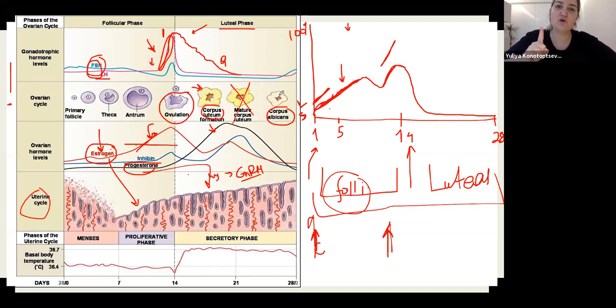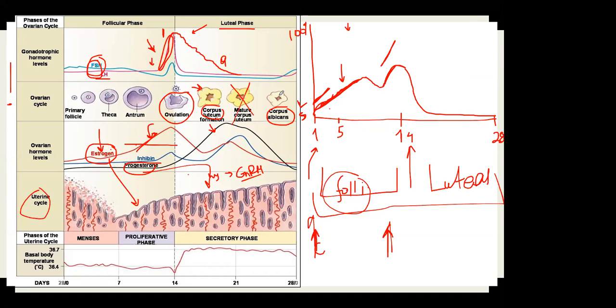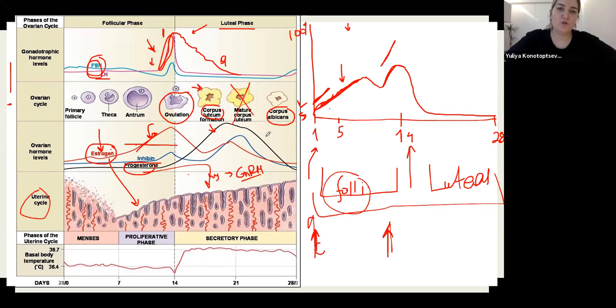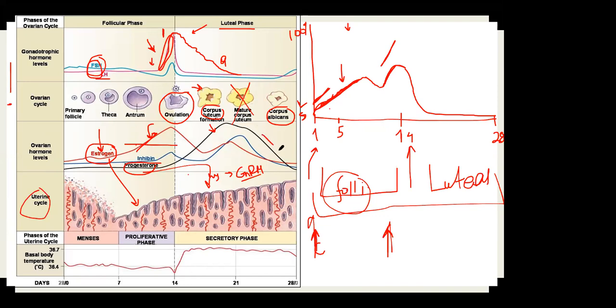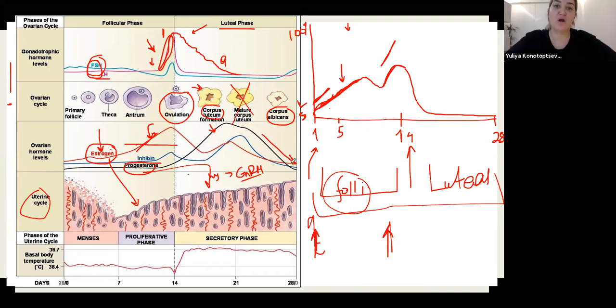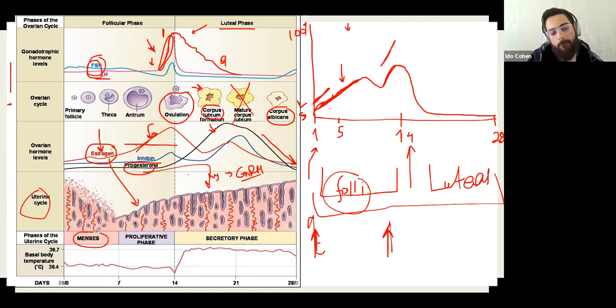What was the function of the corpus luteum? To secrete progesterone and estrogen. So what's going to happen to progesterone once the corpus luteum dies? It decreases. It drops dramatically. What does a drop in progesterone cause? It causes menstruation. You menstruate every time progesterone drops.